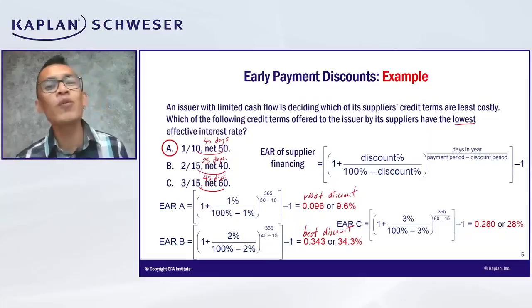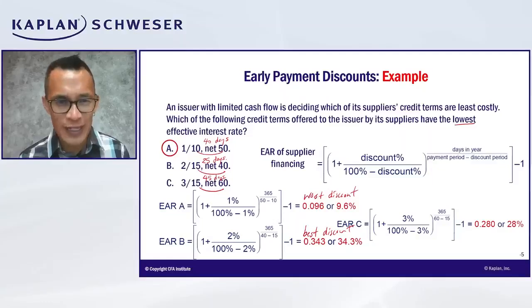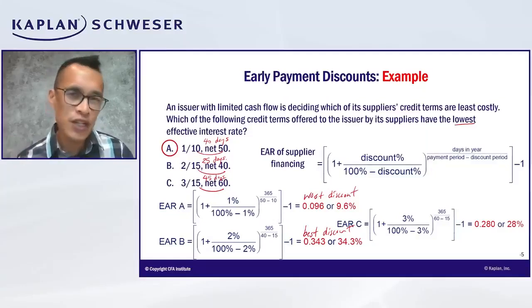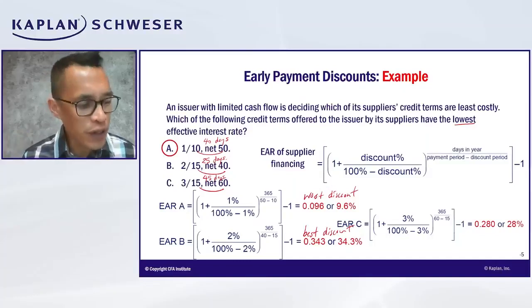This is probably sort of the maximum difficulty you should expect to see in a numerical question on an exam, but I think this example is quite comprehensive and covers everything that you need to know about discounts, not just from a computational perspective, but also from an interpretive one.